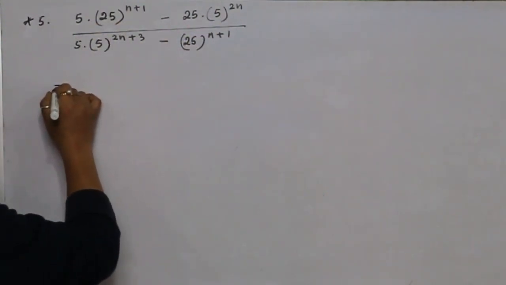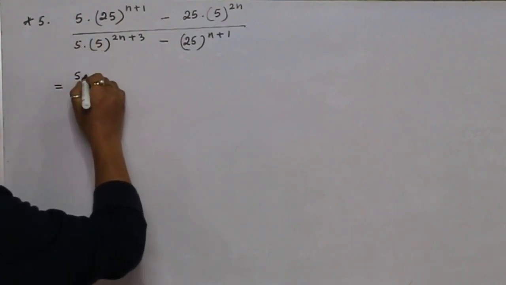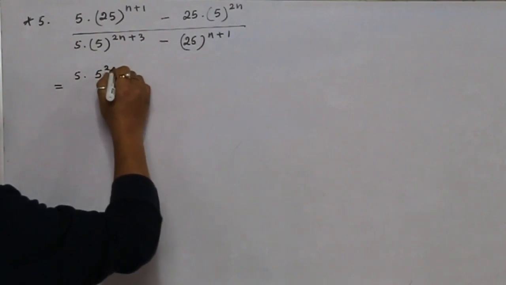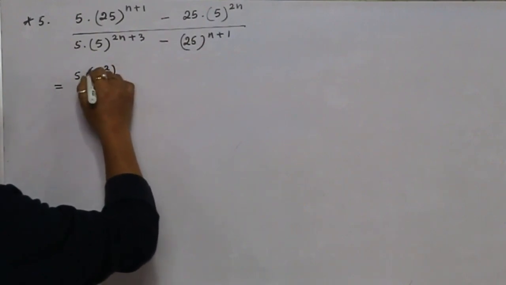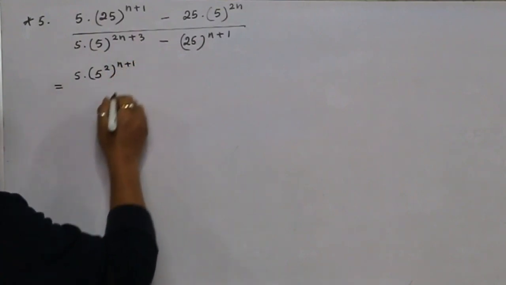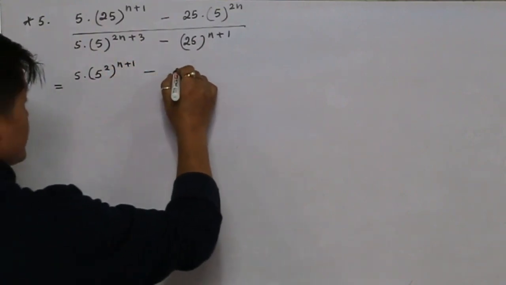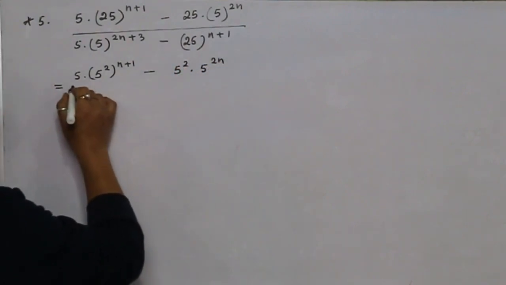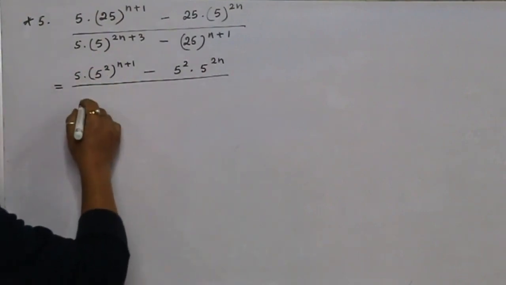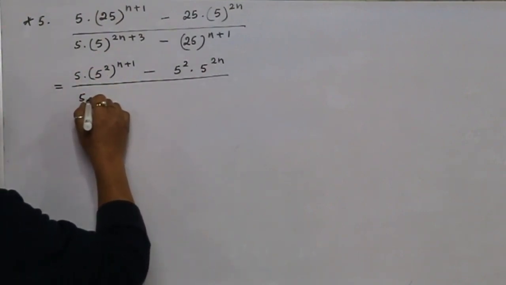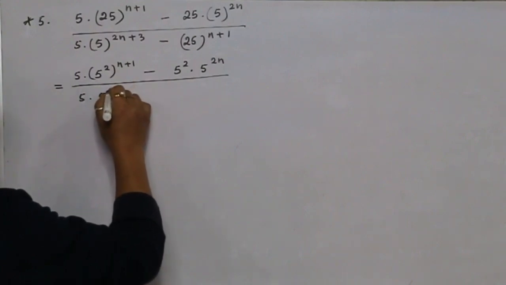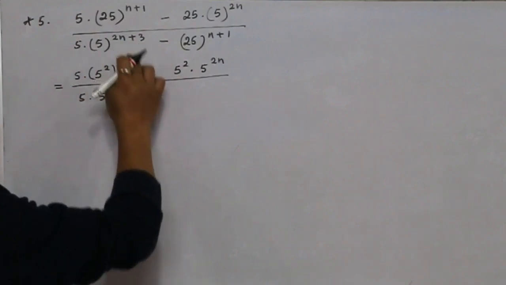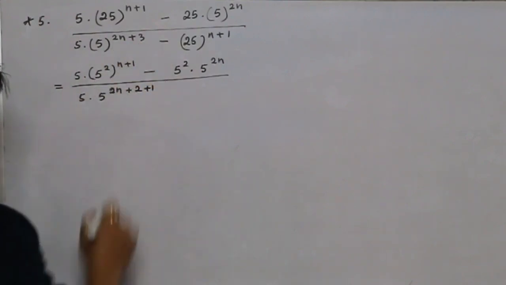So first we will do 5 into, 25 can be written as 5 square, into n plus 1, minus 25 can be written as 5 square into 5 to the power 2n, whole divided by 5 into 5 to the power 2n plus, since we are getting 2n and 2, 3 can be written as 2 plus 1.